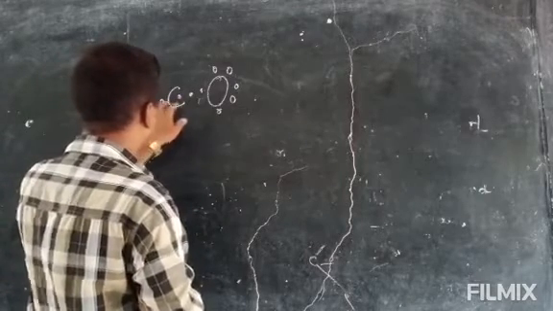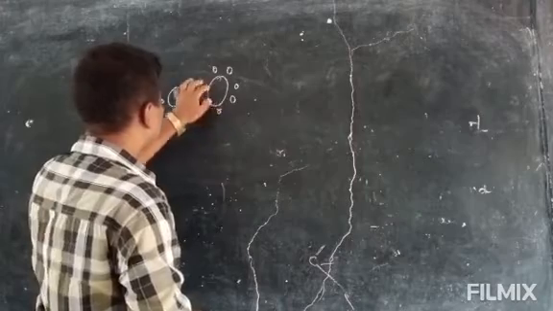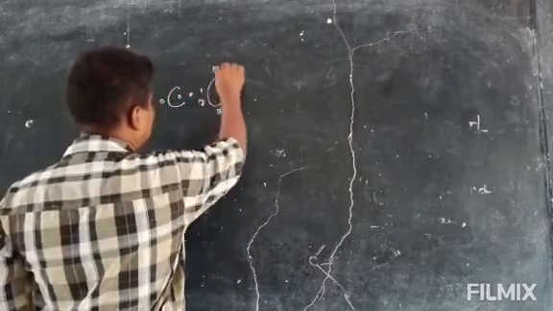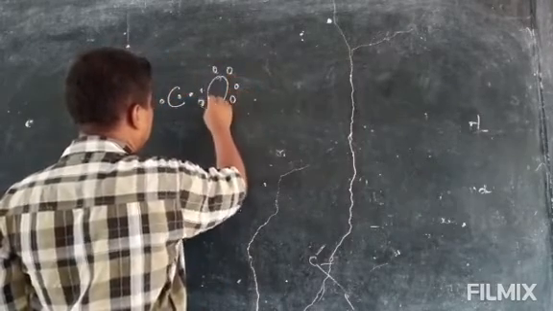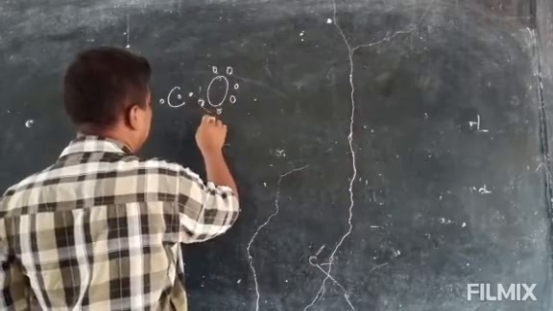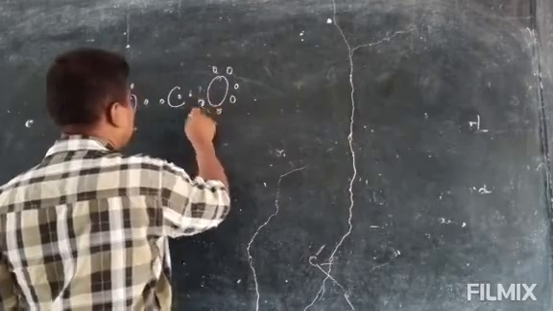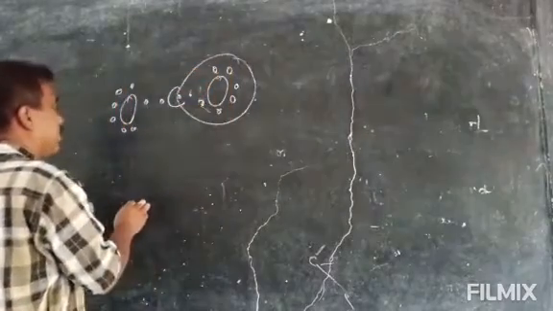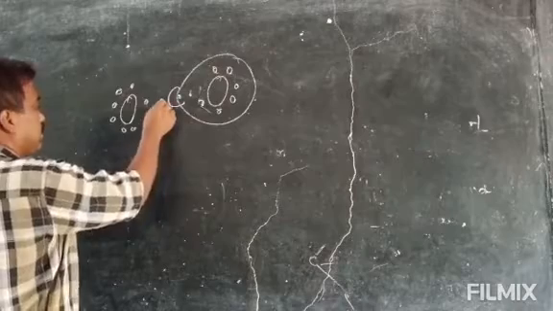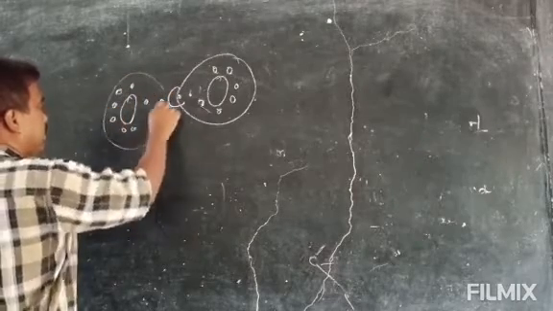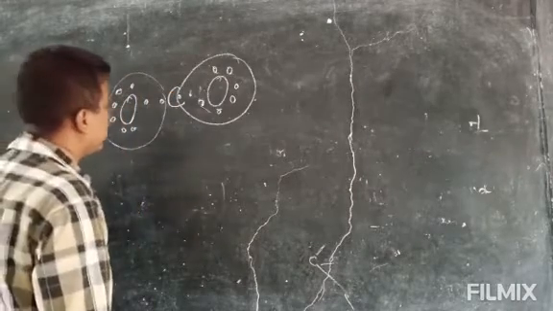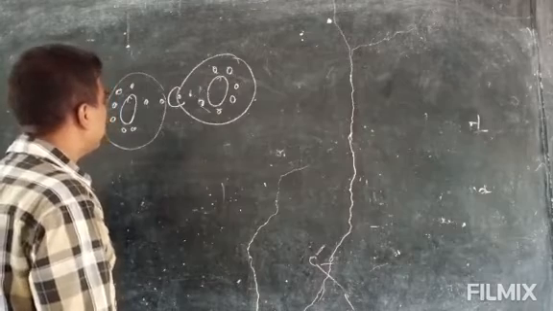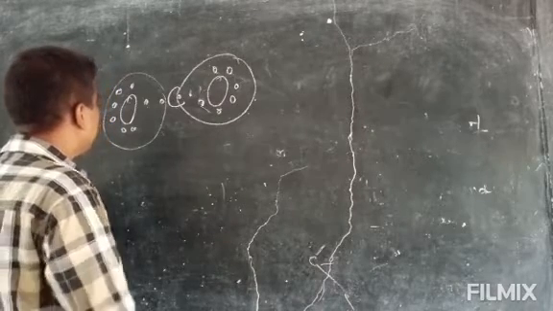And this one: 1, 2, 3, 4, 5, 6. So when this pair is shared here, it becomes 8, and when this is shared here, it becomes 8, and like this the carbon also gets 8 electrons.